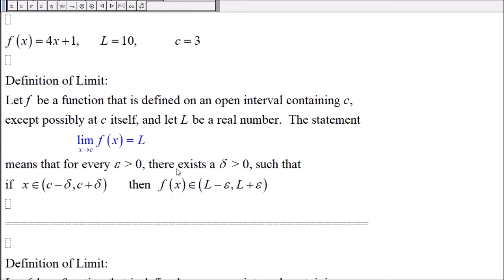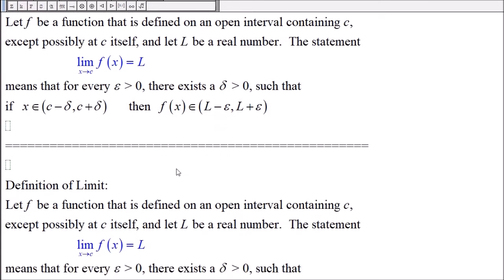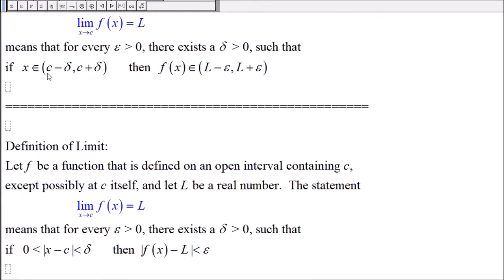This definition is also written like this. When we say that x is inside the interval c minus delta and c plus delta, it's the same thing as saying the absolute value of x minus c is less than delta.